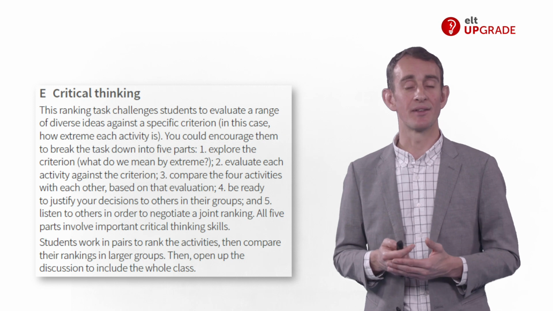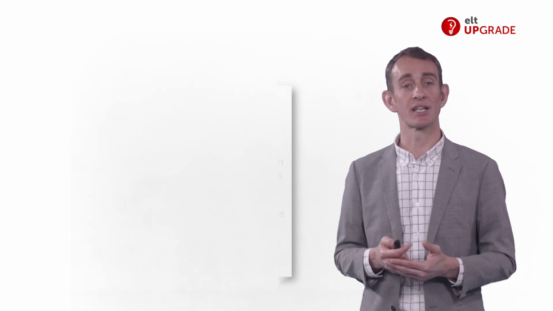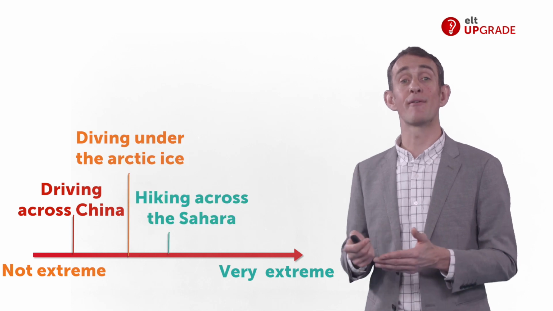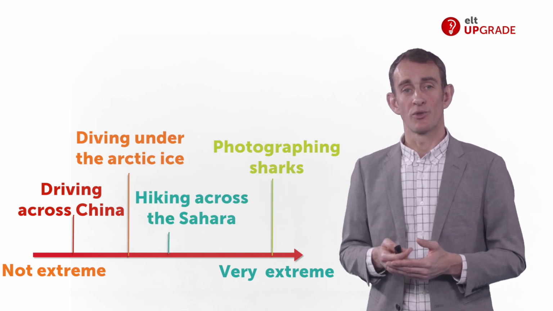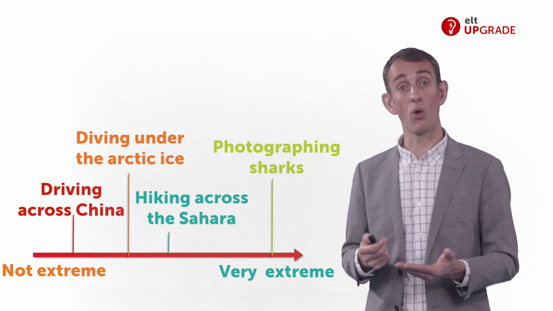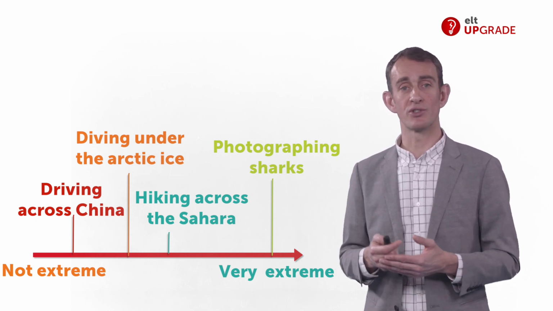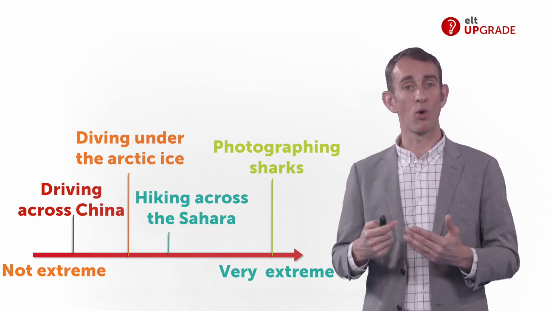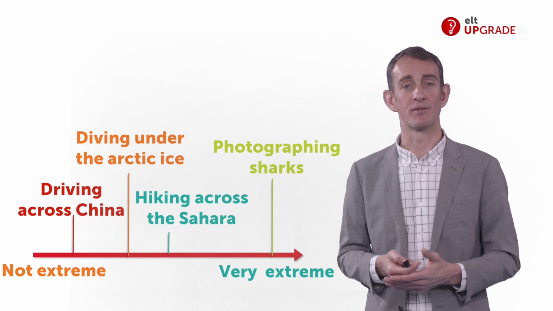So one idea the teacher might use here is like a scale. So from not extreme to very extreme. So the teacher can use those activities from the course book, or could ask students to add in their own activities which are more connected to their own lives.